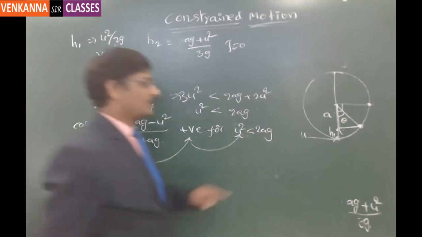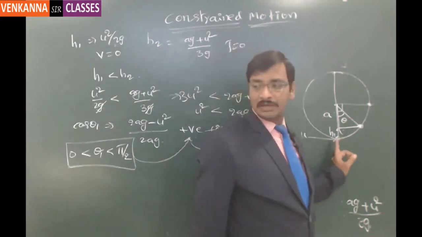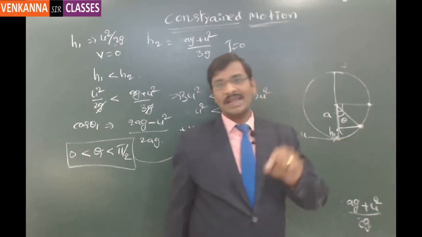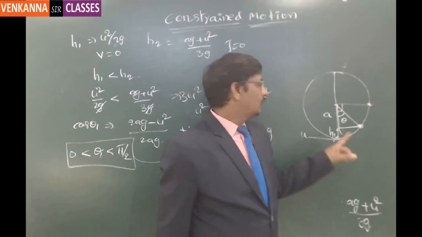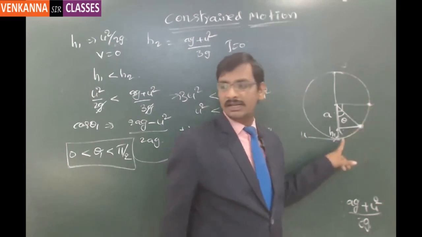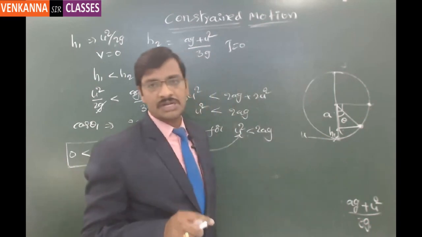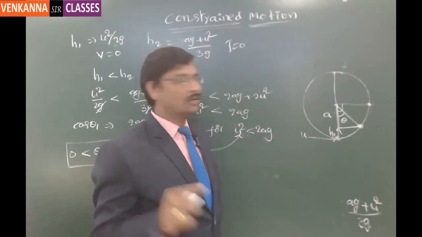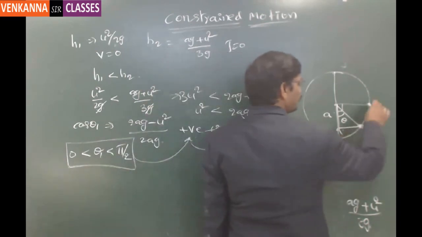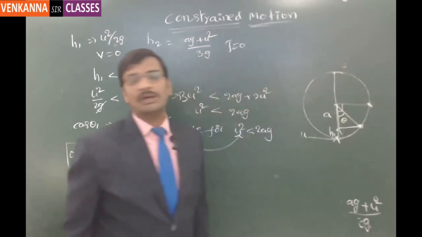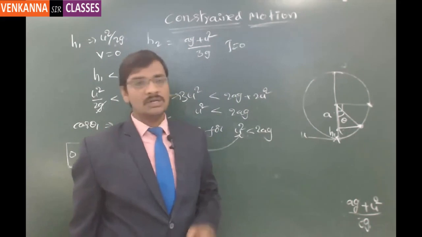That means when the particle started moving from here, if the velocity becomes 0 somewhere, this can happen only if the angle is lesser than 90 degrees. That means this happens with positive value of tension, the velocity can become 0 within the range of this location to this location. That means the angle at max it can have 90 degrees. Got it? So that is the condition.